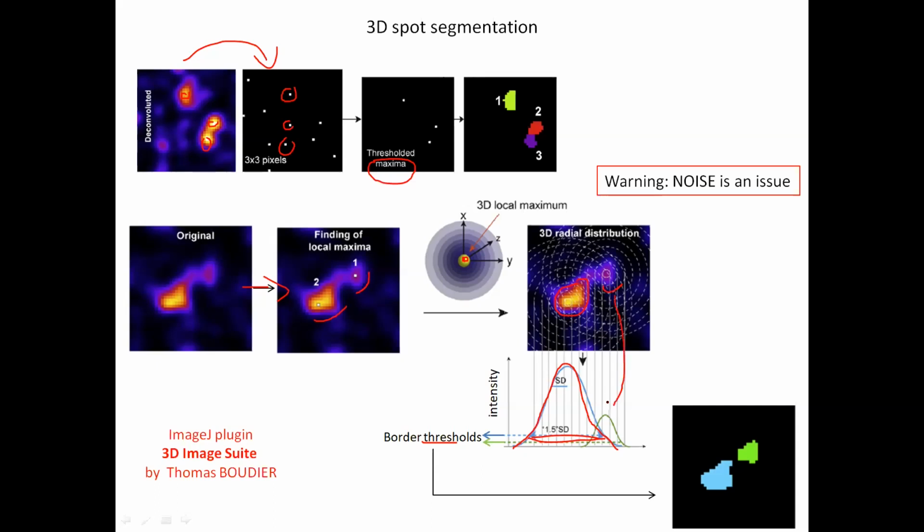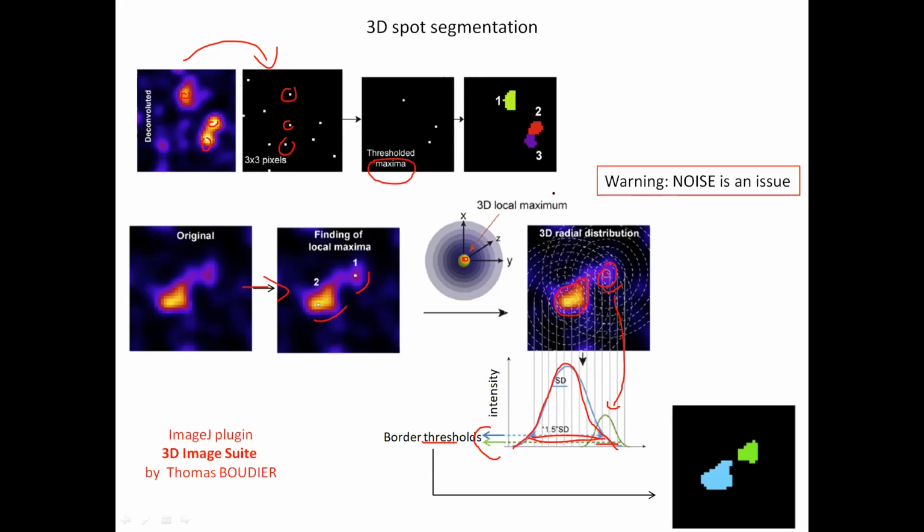So the threshold you use to detect the size of the object will be adapted to each object. Okay? So that's the principle.